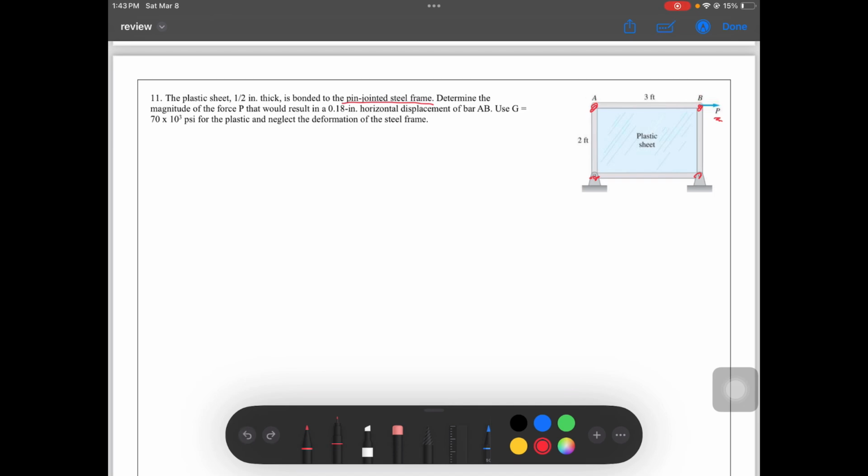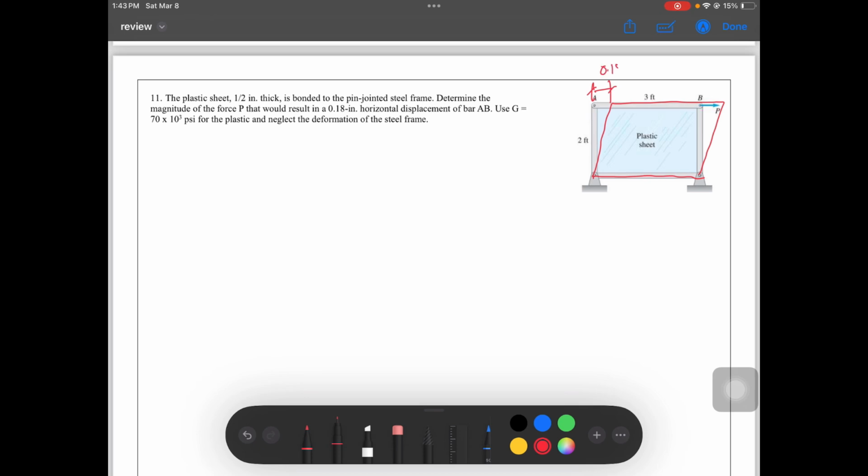Since there is no support or anchor at point A and point B, it is free to move when there is force P. So, what will our displacement look like? Like this.